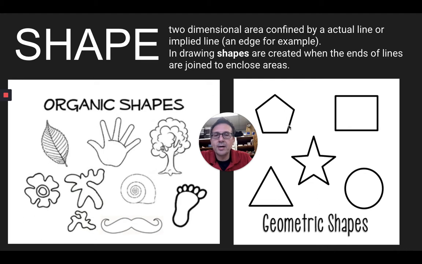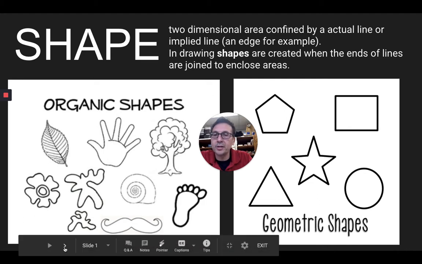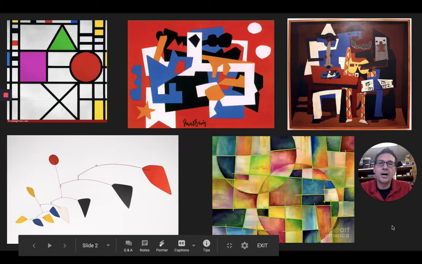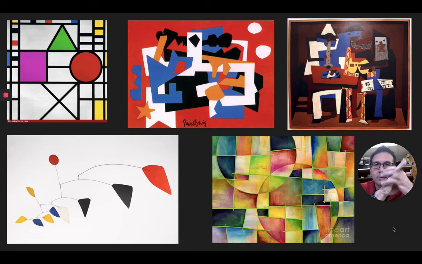And we can't talk about shape without mentioning some of the artists that really, really relied on shape. So what you're looking at here are some artworks from a variety of artists. We have Mondrian, and in the upper right hand, or I'm sorry, upper left hand corner, Matisse, Picasso in the upper right hand corner, and Picasso was kind of interesting because he was called a cubist, and what the cubists did was they broke down the organic world, the natural world, like human beings, into geometric shapes.